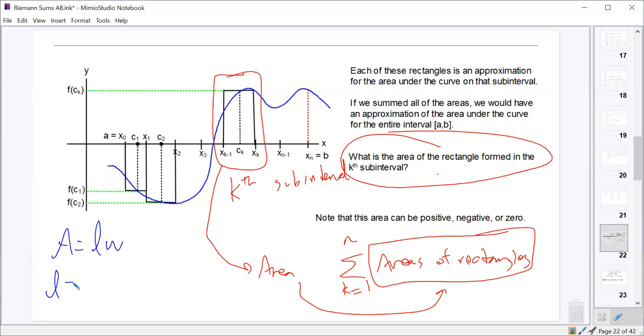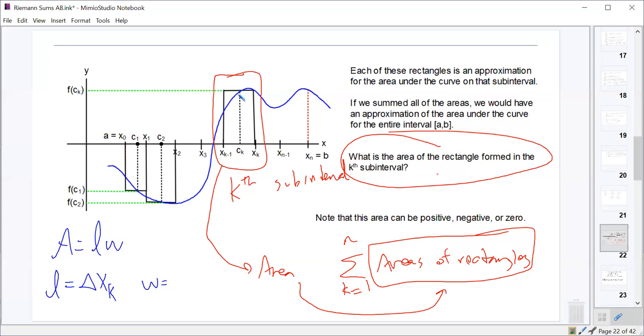We'll just call that length the change in x in the kth subinterval. Does that sound okay with you guys? Okay.